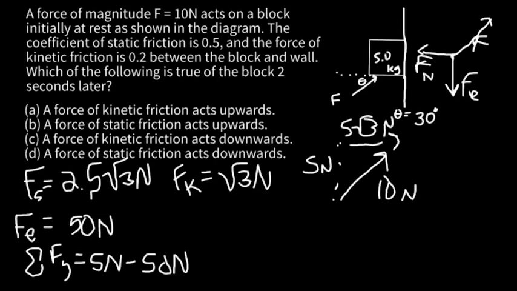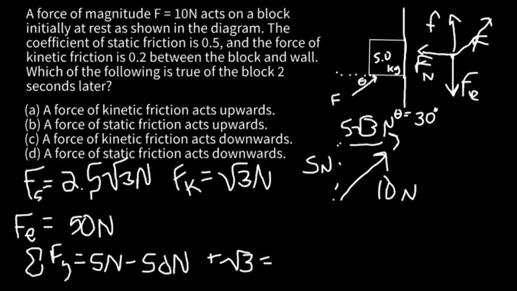Alright, now if this block is moving downwards, that means we can safely say we've got a force of friction acting upwards on the block. So that would also be plus square root of 3. Now we want to make sure that the block is still moving downwards with this force of friction acting upwards on it.